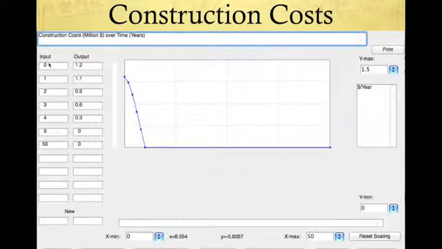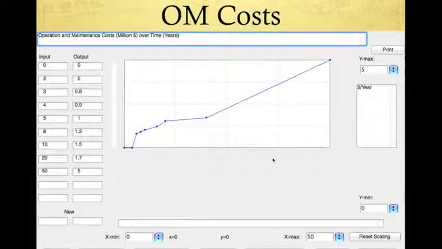You can see that you build the project in about 5 years, so your construction costs are spread over 5 years, 1.2 million, 1.1, and then after 5 there's no construction cost. So this curve drops very rapidly, and for the remainder of the 50-year planning horizon in this model, you have no construction costs. So that's fairly straightforward.